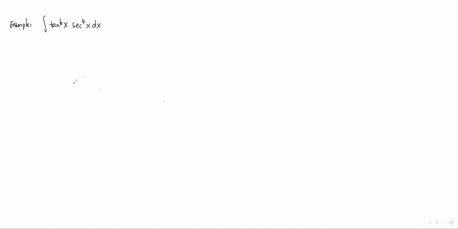So if a problem like this, the trick is the same. Tangent power to x, secant power to 4x. Do it like this. Keep the tangent x, secant, and you separate 1 secant x. So you may say, why do we do this?